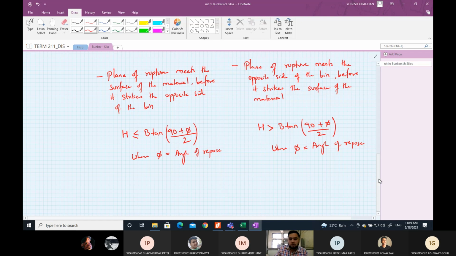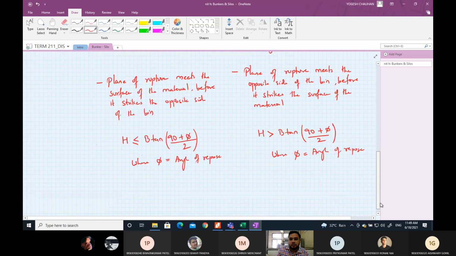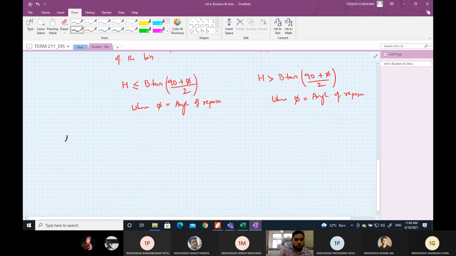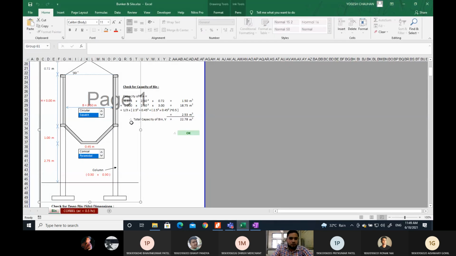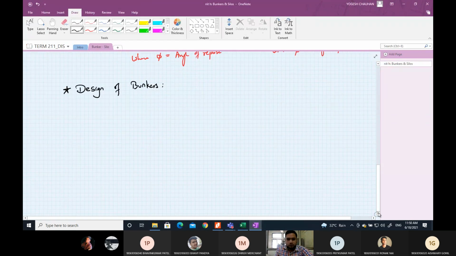Now, with this, let us start the design of bunkers. Now, if you see a typical bunker, it looks like this.